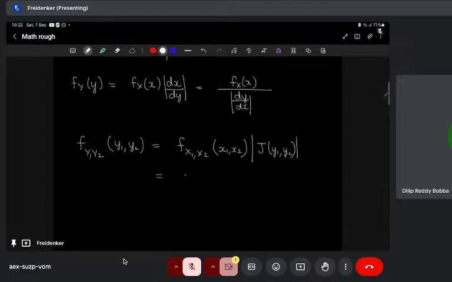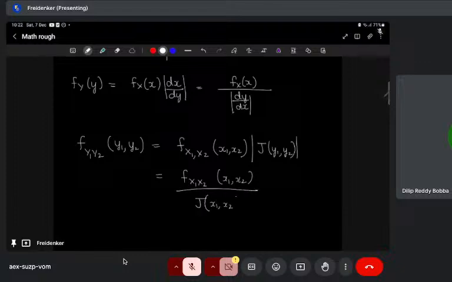And similarly, if you want to use Jacobian x1 x2, then that will go in the denominator, Jacobian x1 x2 modulus. What do you mean Jacobian x1 x2? It means you're differentiating with respect to x1 and x2, which is the case here, right?